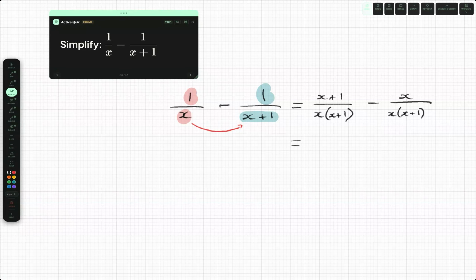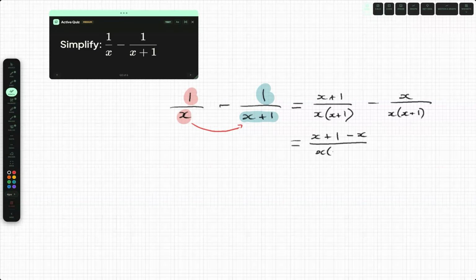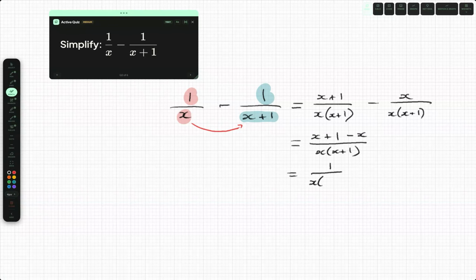Okay, now we just need to perform the operation. So we've got x plus 1 minus x. Okay, minus x. Think of this as negative 1 times this whole thing, which means it's minus x all over x times x plus 1. And that means we're just left with 1 over x times x plus 1.